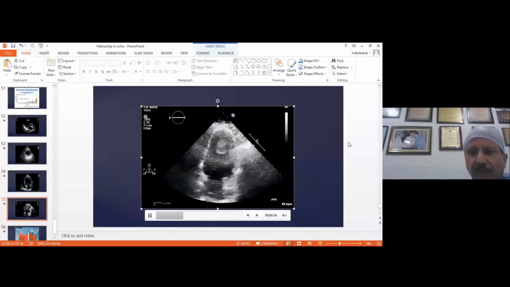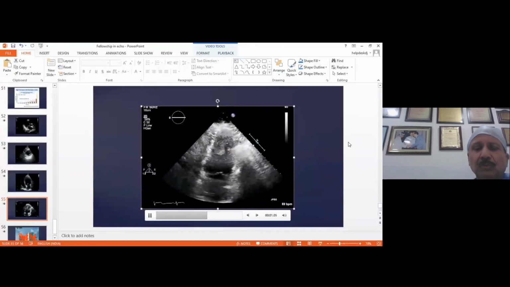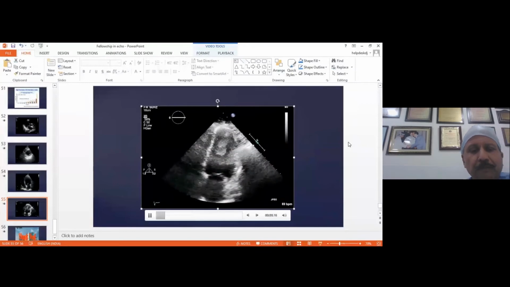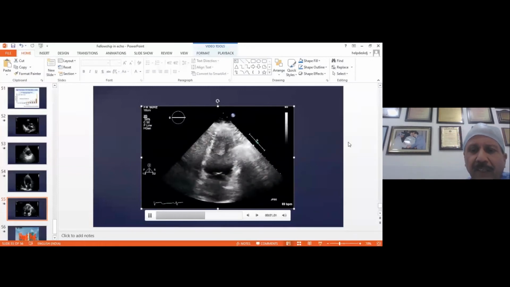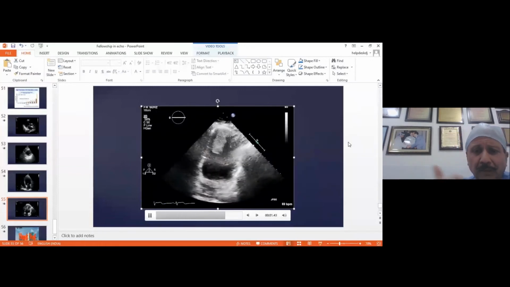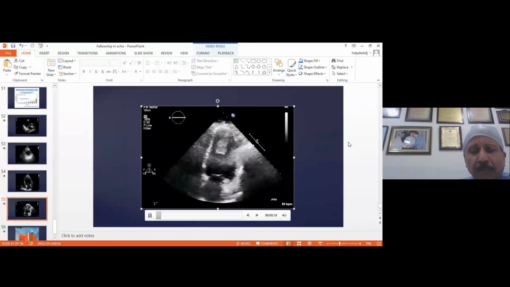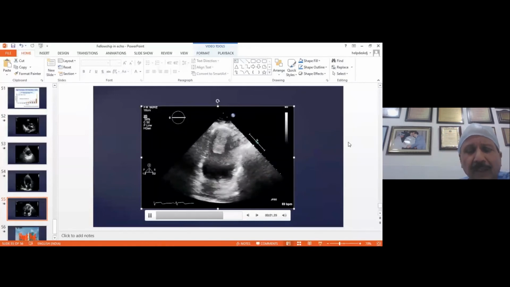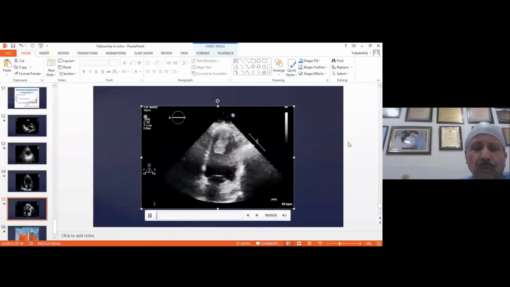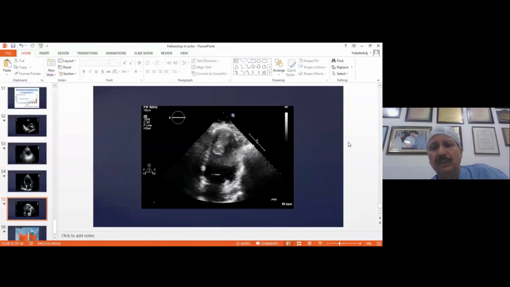If you use echocardiography intelligently, and now of course you have point of care echocardiography, that from the stethoscope, the point of care has become so rampant, particularly in this time of the COVID-19 pandemic, when you don't want to use your stethoscope, you can actually pick up most of the cardiac diseases just by the use of point of care.